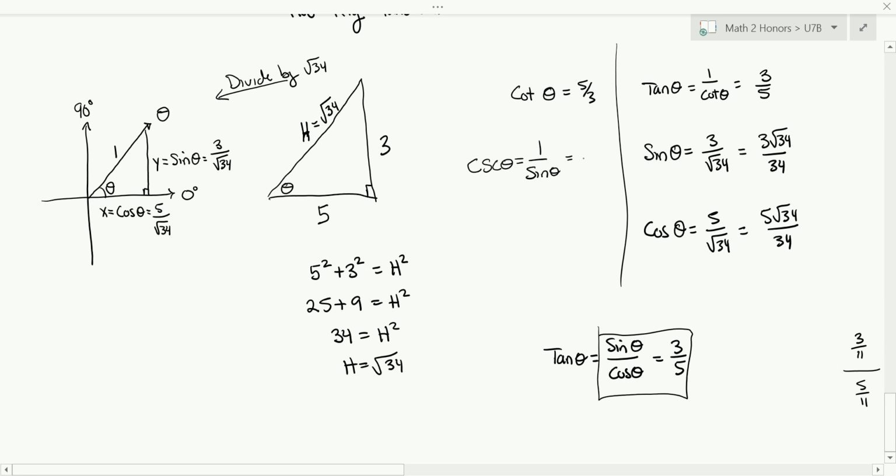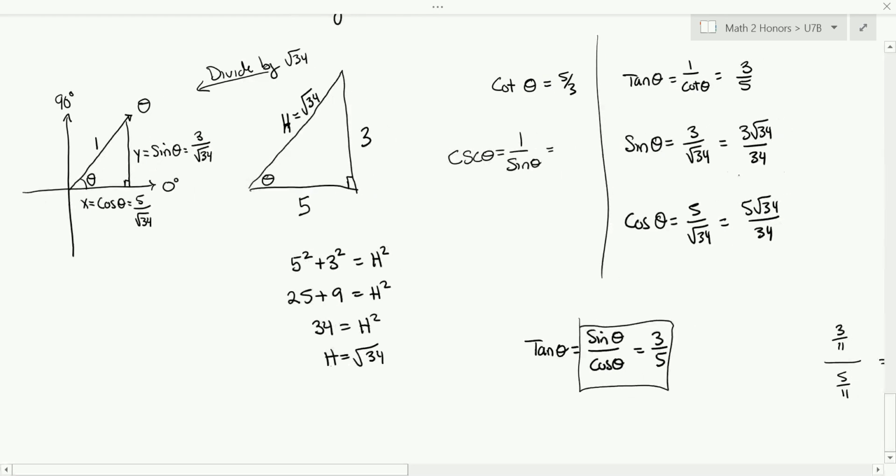You could, that's true. That's messy. Look, I got 2 fractions to choose from over here. Which one would you like to flip over? They're both going to work. I'm going to do the first one because that's going to put it in the form that I want. So I'm just going to write root 34 over 3. You could choose the second one, but then you'd have to do a lot of simplifying and you'd finally get back to what we just put there.